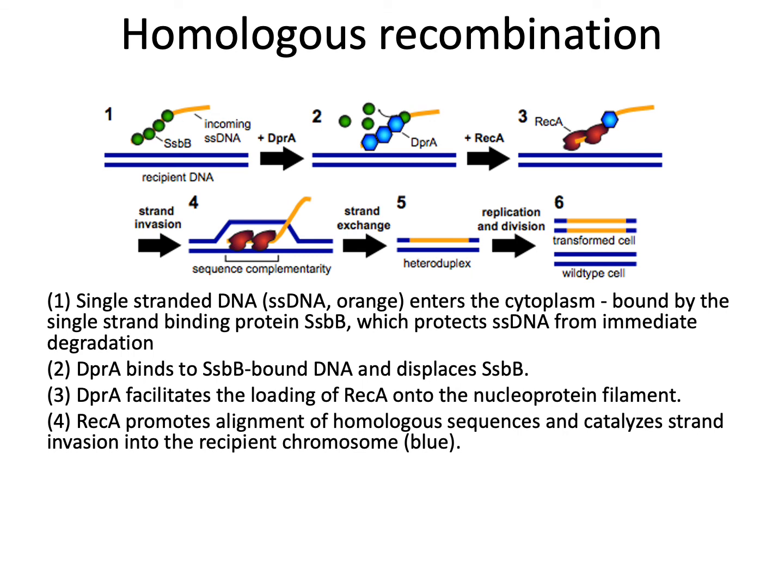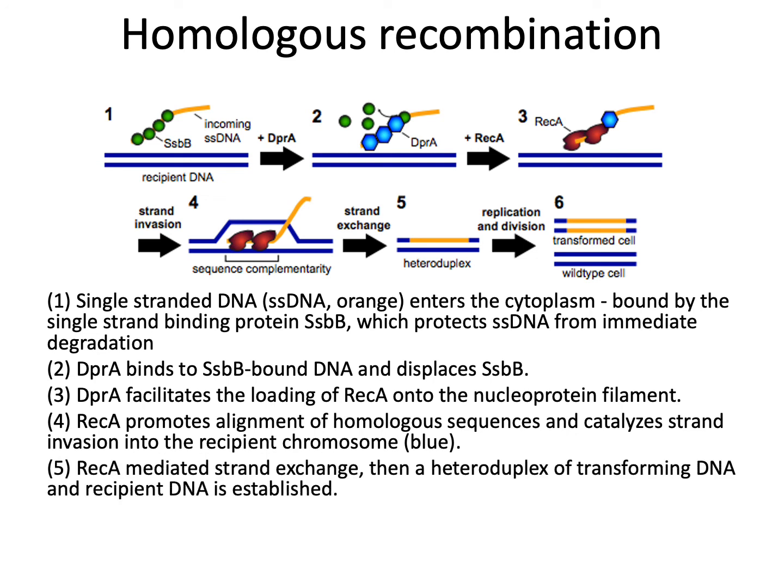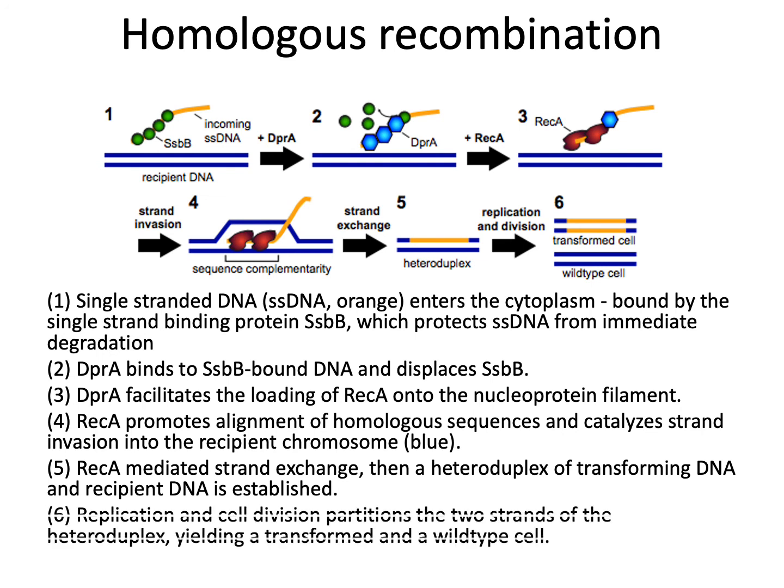After strand exchange has occurred, a heteroduplex of transforming DNA and recipient DNA is now established. When replication and the next cycle of cell division occur, the two strands of the heteroduplex may part, yielding a transformed and a wild-type cell.